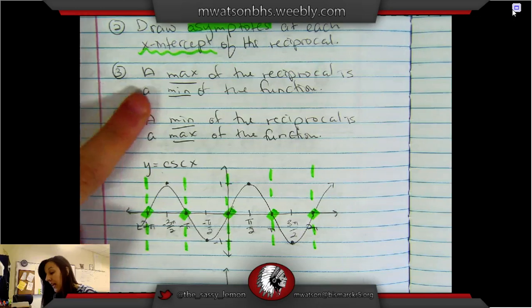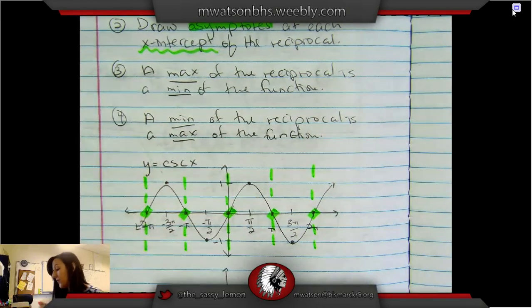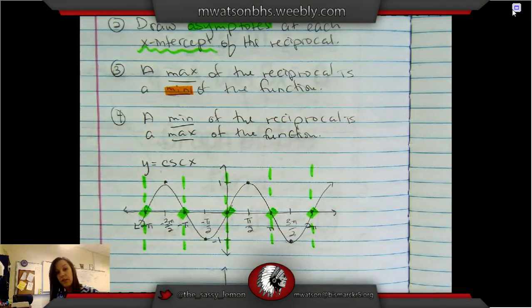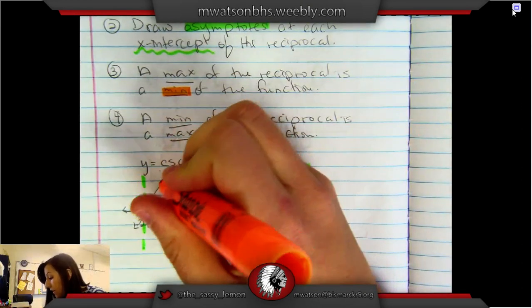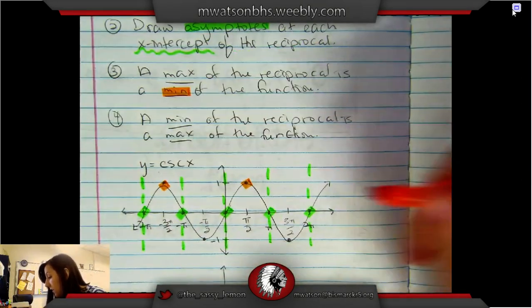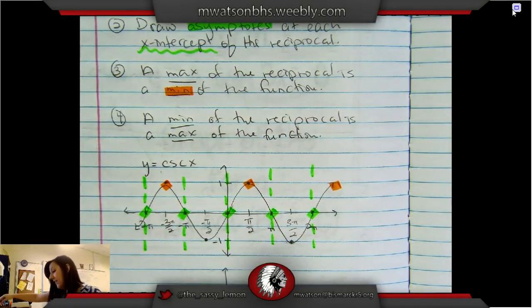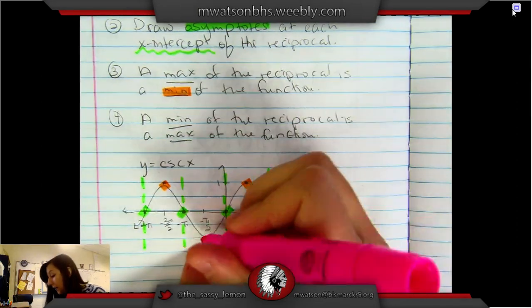Step 3, a max of the reciprocal is a min of the function. So I'm going to highlight all of the maxes of the reciprocals, which are going to be mins of our function. So we got this, and we would have one over here. And then the min of our reciprocal, here and here, are going to become the max of our function.